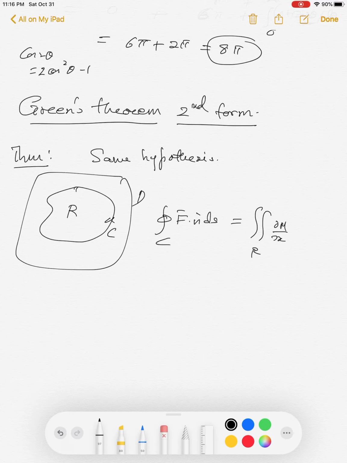Then the flux integral of F bar dot n bar ds over the curve C is going to be the double integral of the quantity dm/dx plus dn/dy dA.